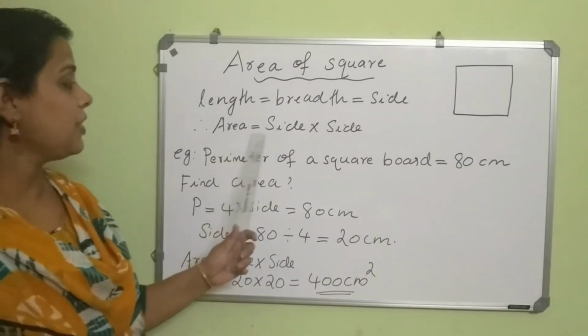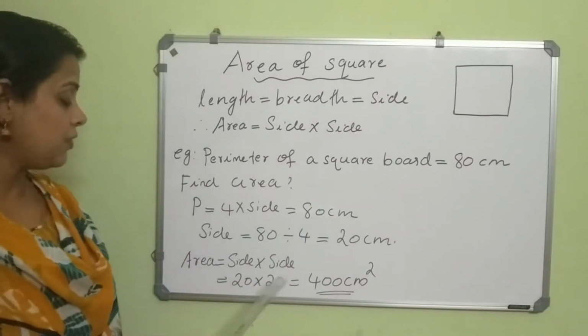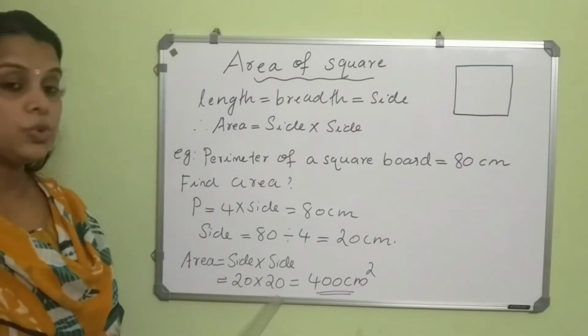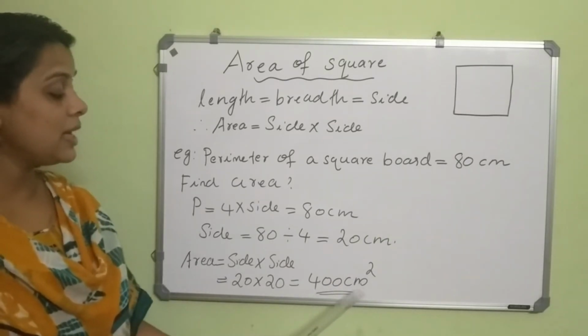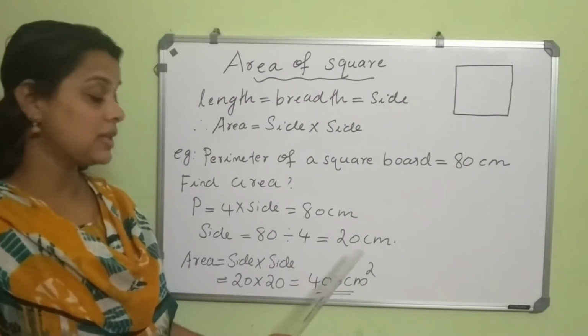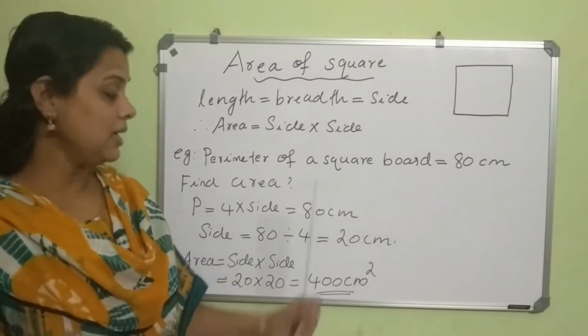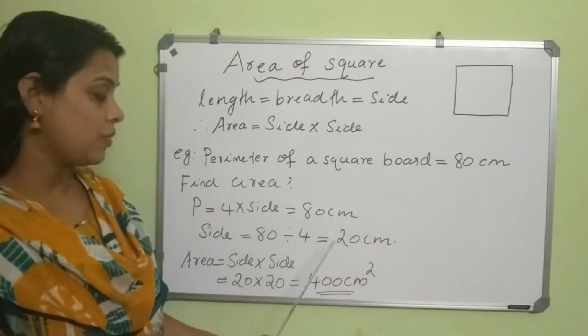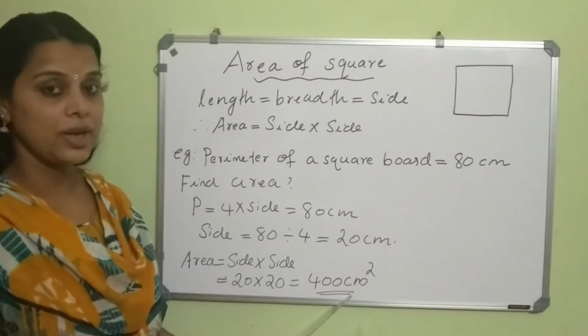The equation of area is side into side. One side is 20 centimeter. So we need to multiply 20 into 20. That is 400 centimeter square. We need to express the area in centimeter square because the side is given in centimeter. So we need to express perimeter in centimeter and area in centimeter square.